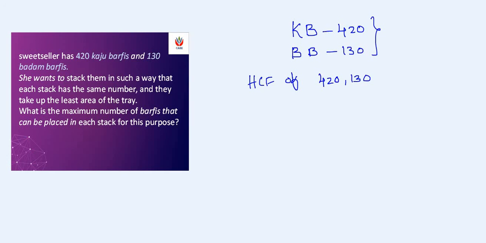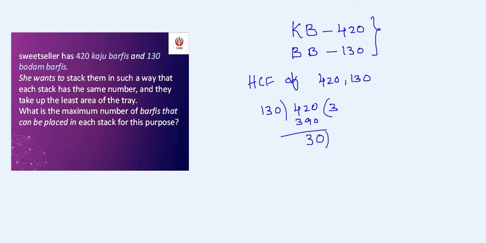We divide 420 by 130. It goes 3 times, so 390. We get a remainder of 30, which is not equal to 0.